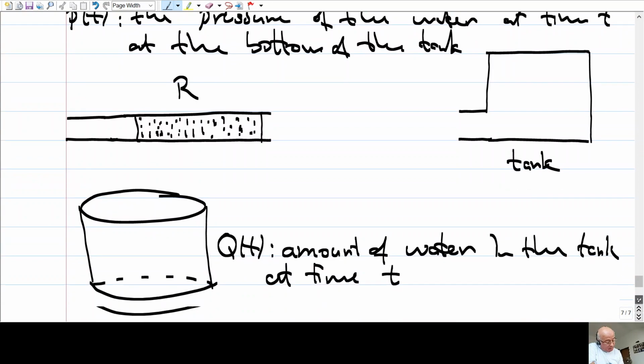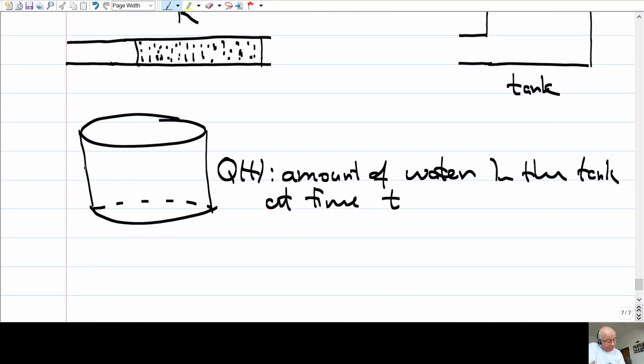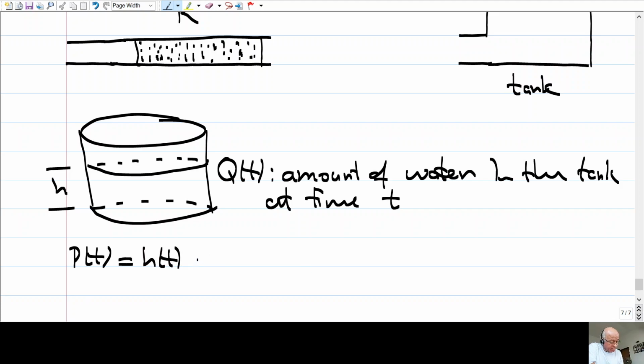Okay. Well, what is the pressure at the bottom of the tank? Suppose this is the height of the water. So this is the height of the water. Pressure is just, right, basically the height, right? Height of the water, HT.